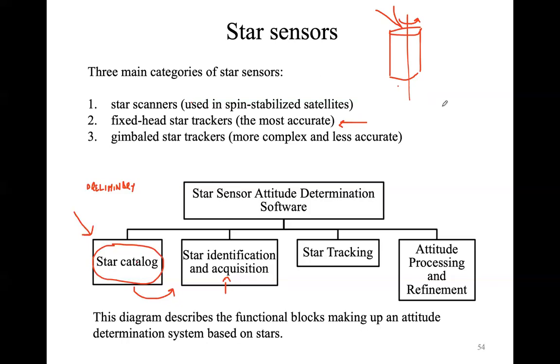The instrument is moved by these gimbals in order to point at specific portions of the sky. The advantage is that you are able to look at regions of the sky that are not, for example, visible from a specific part of the spacecraft. The main disadvantage is that it is more complex and usually also less accurate, because the movement of the gimbals can provide errors.